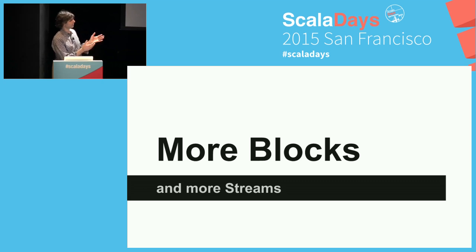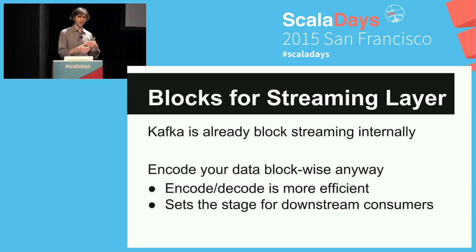Okay, and so we were talking about the API for reading off the database and delivering it, but really this technique of having blocks and asynchronous streams of blocks applies throughout the system. I'd recommend doing it in your streaming layer as well. Reading off Kafka is pretty fast already, but it sets the stage for your downstream pieces.